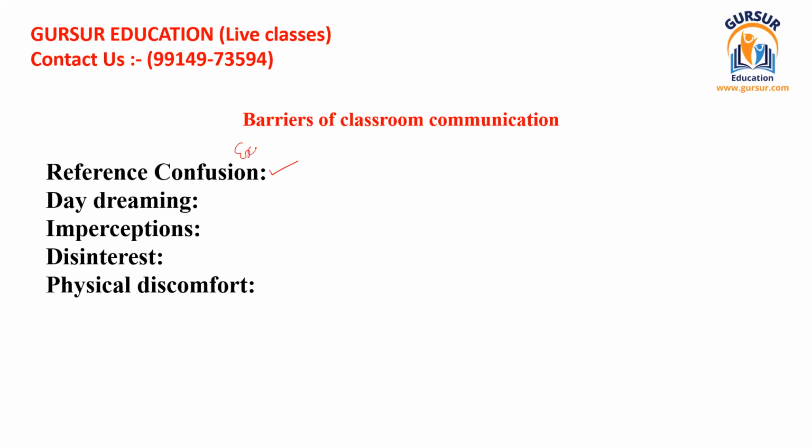That is when a teacher tries to give some examples from one point of view, but the student is understanding the example from a different point of view. So that is called reference confusion, when examples are not understood by the student completely. So this is also a barrier of classroom communication.